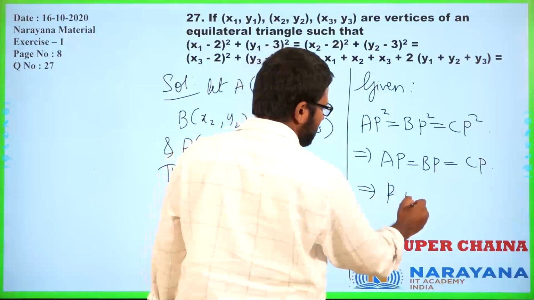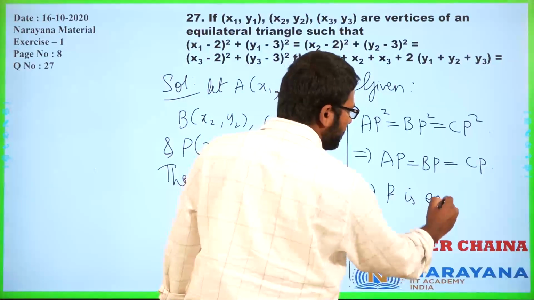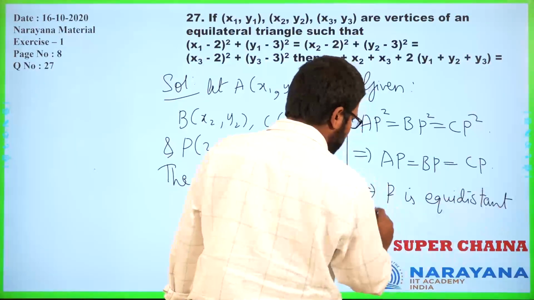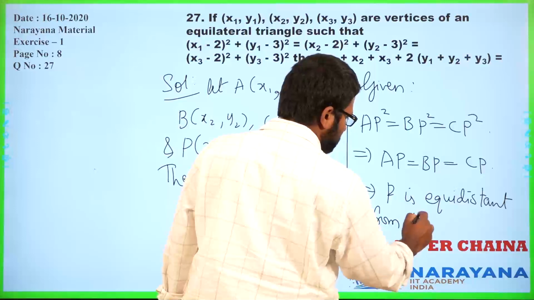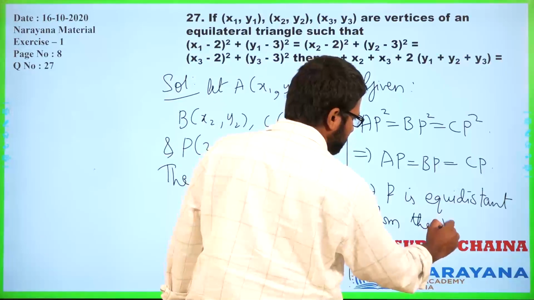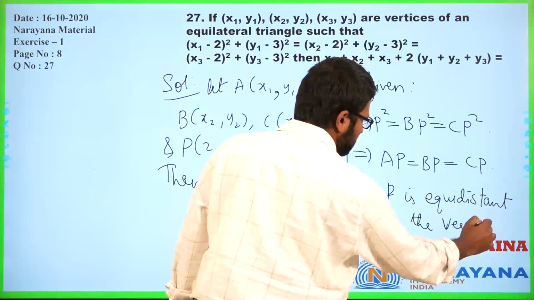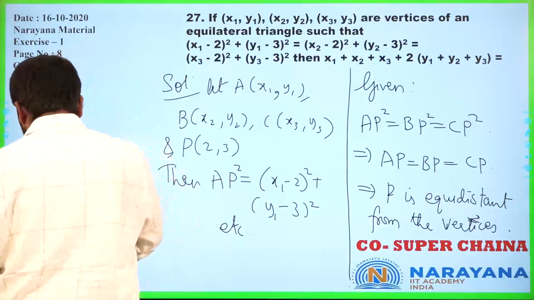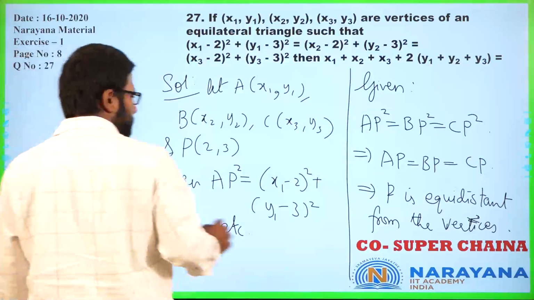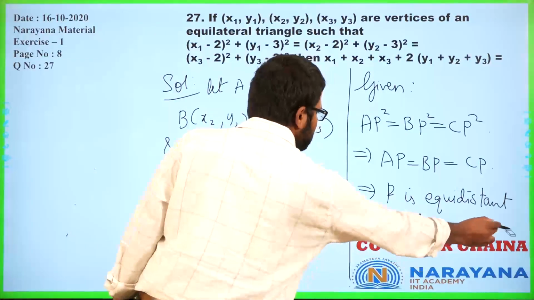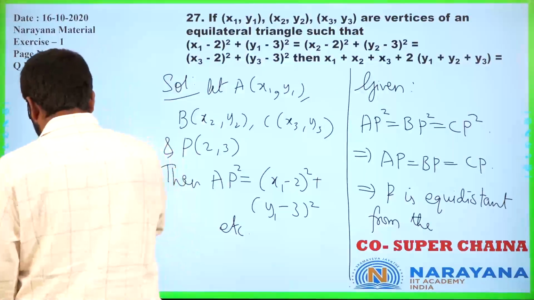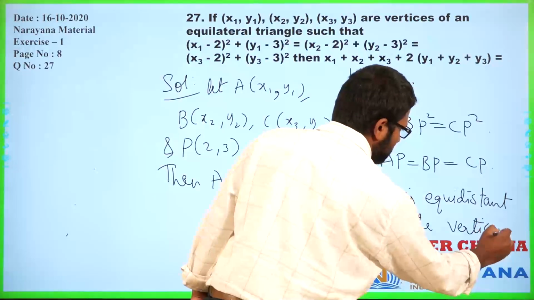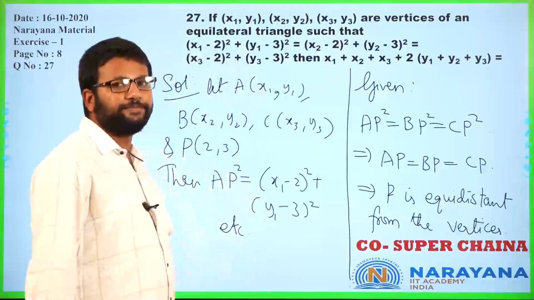Which means P is a point that is equidistant from the three vertices. What is such a point called? Any point, inside or outside a triangle, that is equidistant from the vertices. That is the definition of the circumcenter.